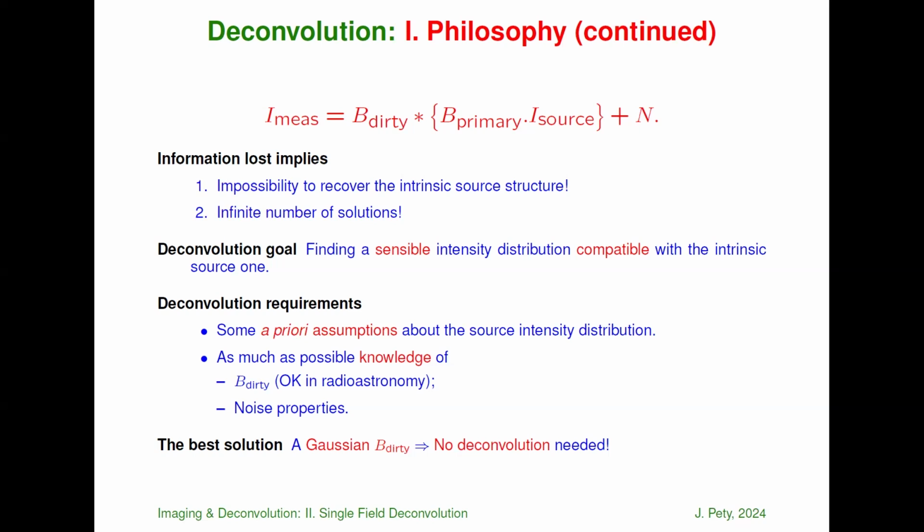And again, the best situation is to have a Gaussian dirty beam, because in this case you have no deconvolution to do. Unfortunately, with an interferometer it's difficult to have an exact Gaussian dirty beam, because there are plenty of constraints.